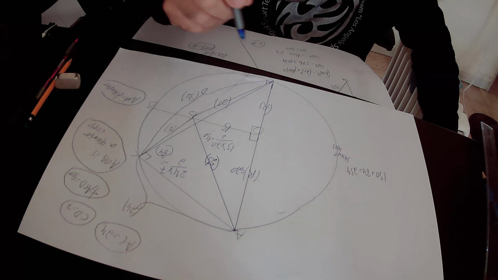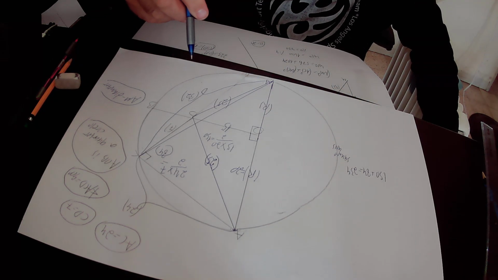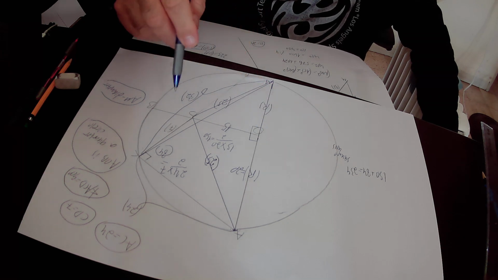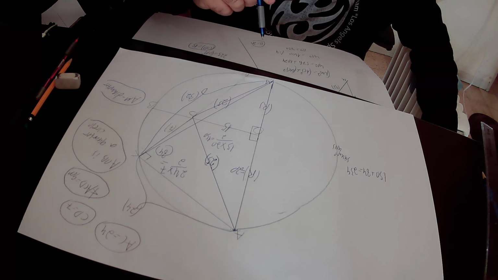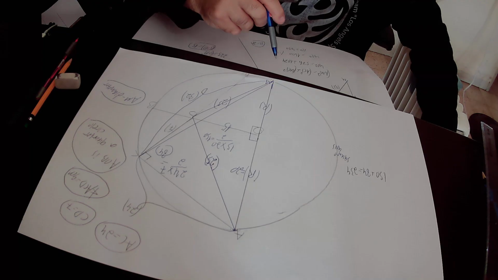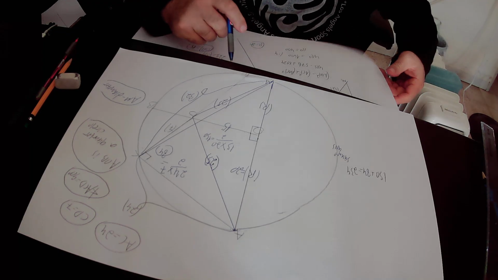So the area of quadrilateral ACDO equals 234 square units.